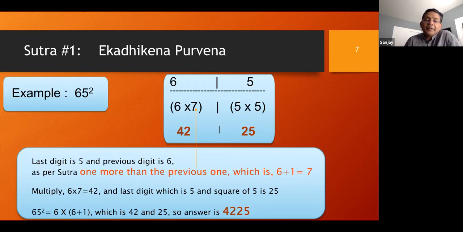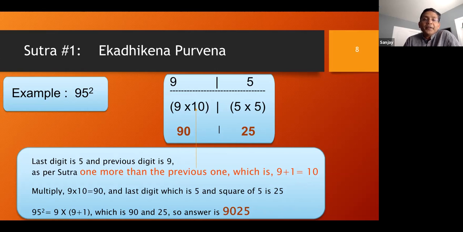That's the power of Vedic mathematics: you have some very interesting methods of solving such multiplications. Okay, so that's a simple answer. 65 square is 4225. Let's do one more. 95 square, you must have guessed it by now. 9 times 1 more than 9, which is 10.